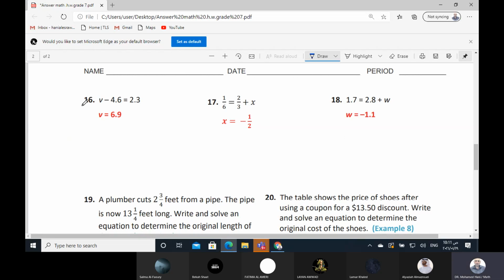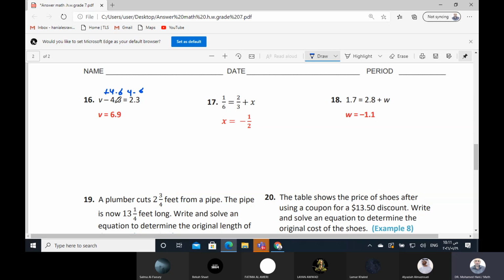Now exercise number 16, we have v minus 4.6 equals 0.3. We want to keep the variable alone on the same side, so try to remove the constant. We have minus 4.6, so we can add 4.6 to the two sides, plus 4.6 here and plus 4.6 here.